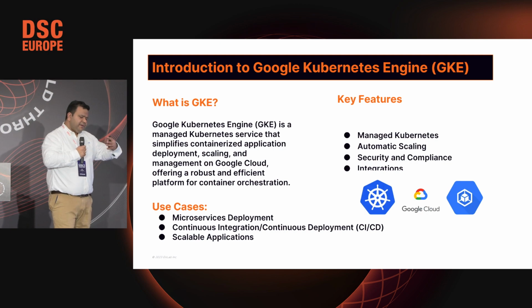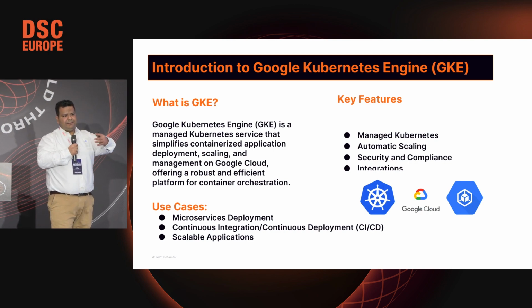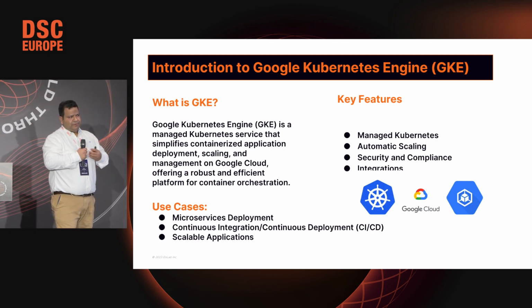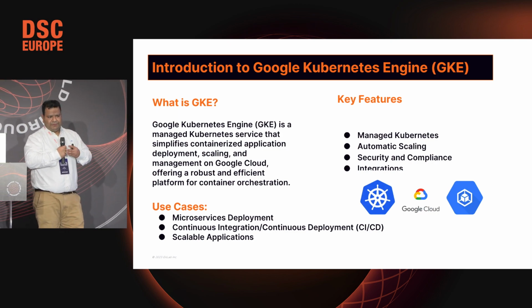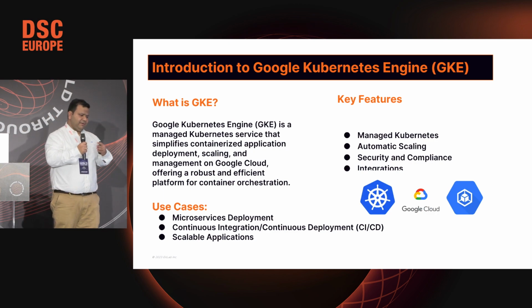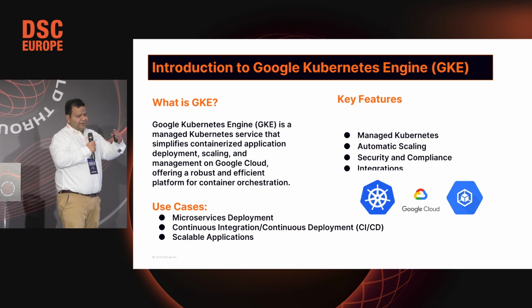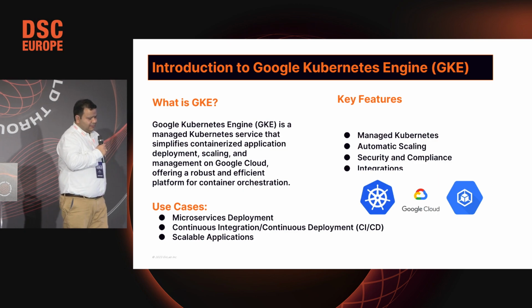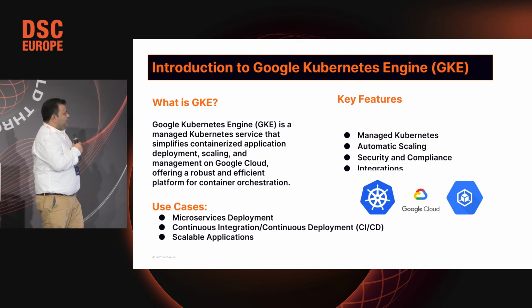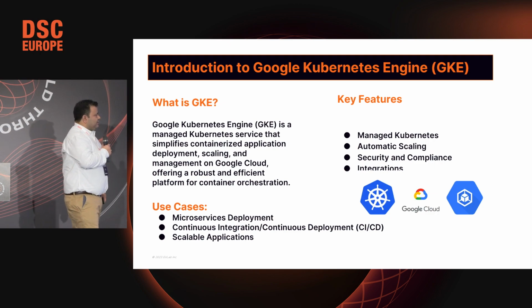We do VPC peering where we interact with production databases, so we don't have to go over the internet, it just works with the VPC. Instead of exposing the data over the network, we do VPC peering. A few use cases are microservice deployment, continuous integration and CI/CD, and scalable applications.